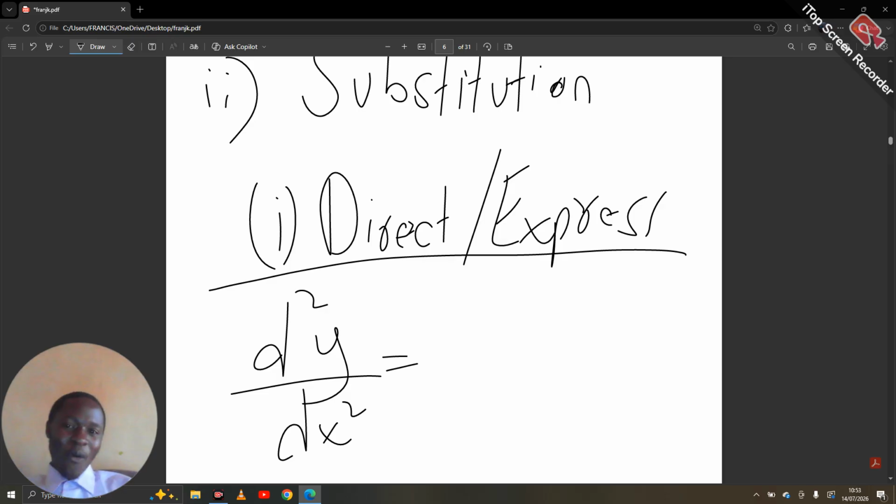What I mean is that d squared y over dx squared is a number which is either positive, negative, or zero. And the positive, negative, zero can also be termed as minimum, maximum, or point of inflection. Great.